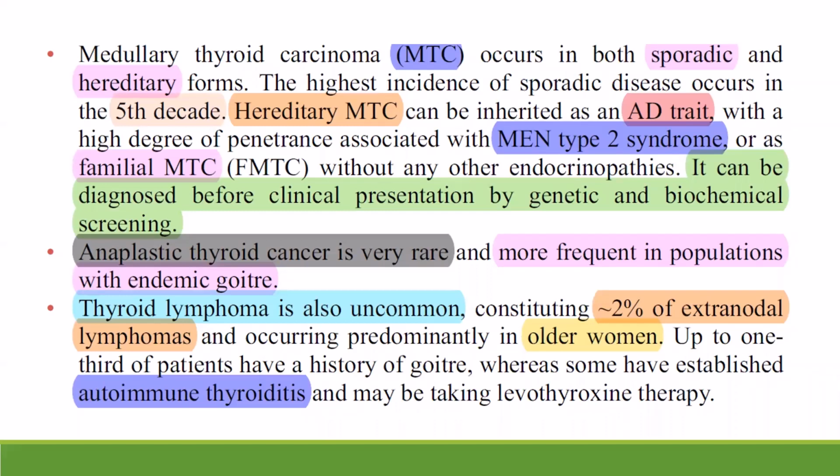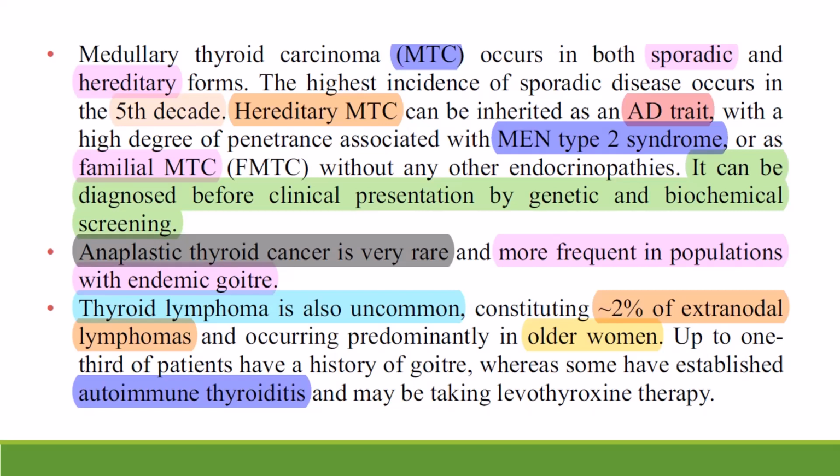Anaplastic thyroid cancer is very rare and more frequent in populations with endemic goiter. Thyroid lymphoma is also uncommon, but it represents about 2% of extranodal lymphoma and is more common in females, and usually more common in patients with autoimmune Hashimoto thyroiditis.